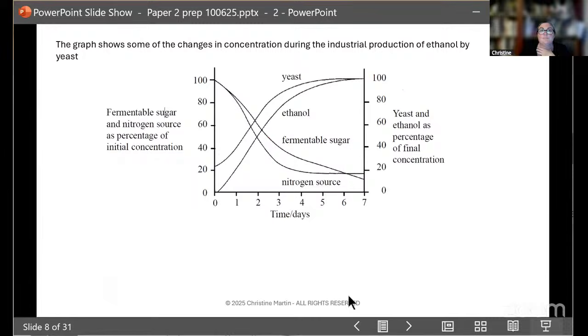Look at a question like this. They love throwing graphs at you. So one thing I would say to you, if you've got a graph, and actually, you had the limiting factor graph, you had the log scale on a graph. I feel like this paper is going to ask you to draw a graph.